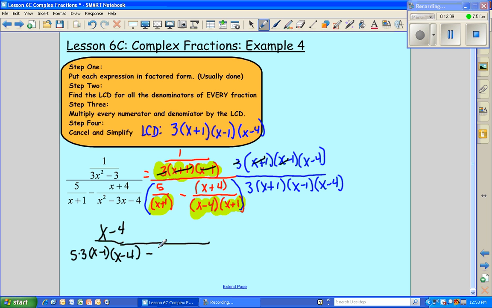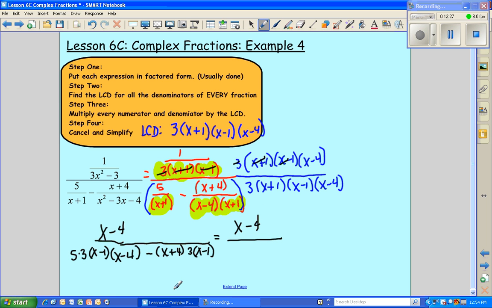And then we have the minus, and you've got the x plus 4. Now the x minus 4's are going to cancel out, the x plus 1's are going to cancel out, so that's going to leave you with a 3 and an x minus 1. So this is x minus 4 here.